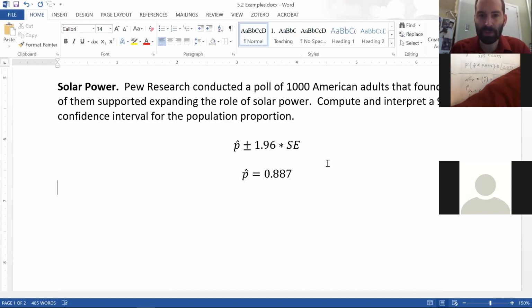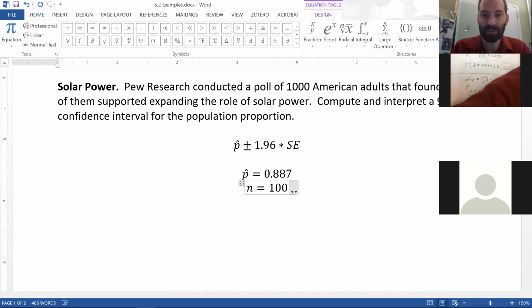Okay. What else do we have in this problem? Do we have the standard error? Well, no, they didn't give that to us. So we're going to have to find that. To find that, we're going to need to know n, the sample size. Do we know that? Yes, because it says right here the poll was of 1,000 American adults. So n is equal to 1,000.